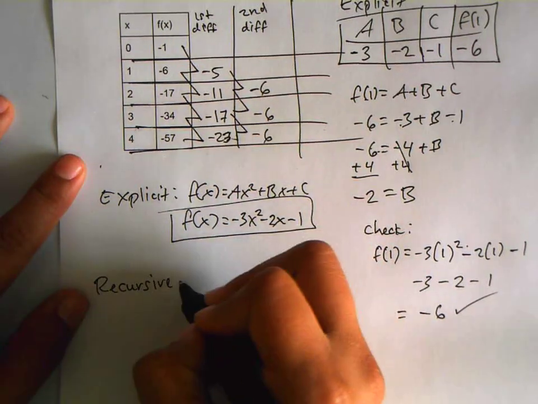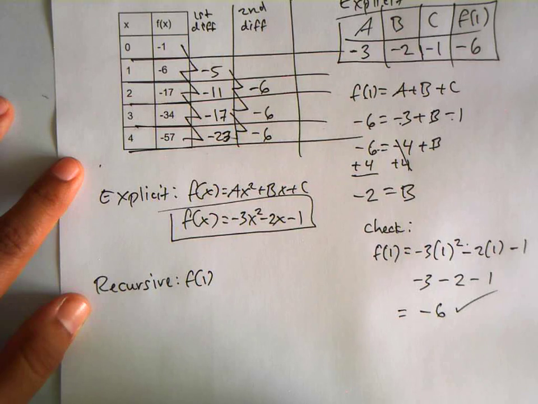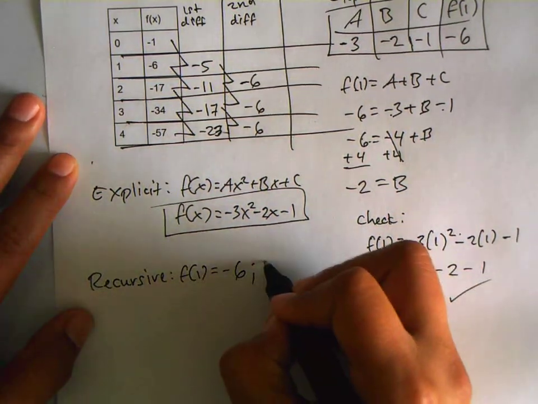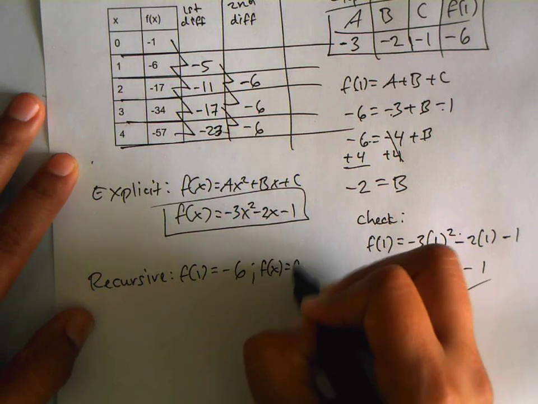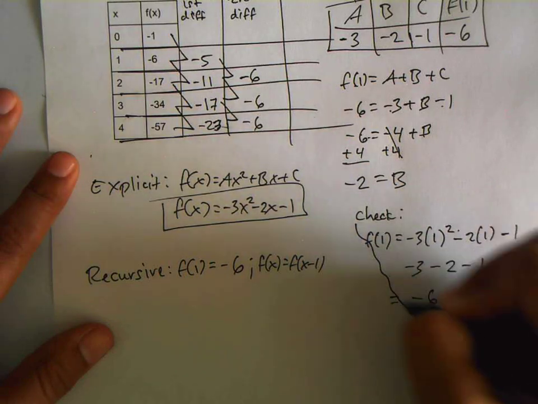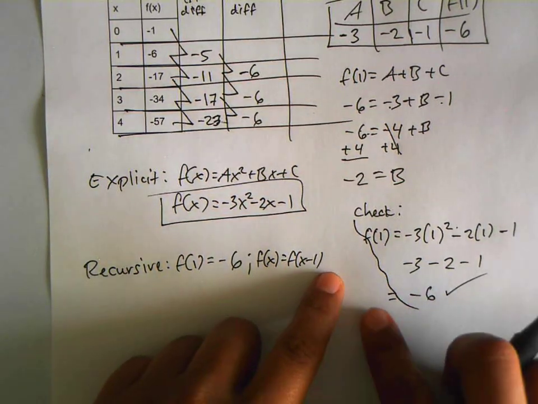So recursive equation. Start off the same. Little f of 1 is equal to negative 6. F of x is equal to f of x minus 1. So again, this guy is the coefficient.